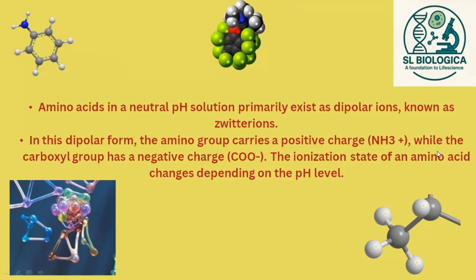The ionization state of an amino acid changes depending on the pH level. So the amino acid will be neutral at this pH. That form of structure is known as zwitterion, where we can find both charged groups: the negatively charged carboxyl group is present there, and the positively charged amino group is also present there.